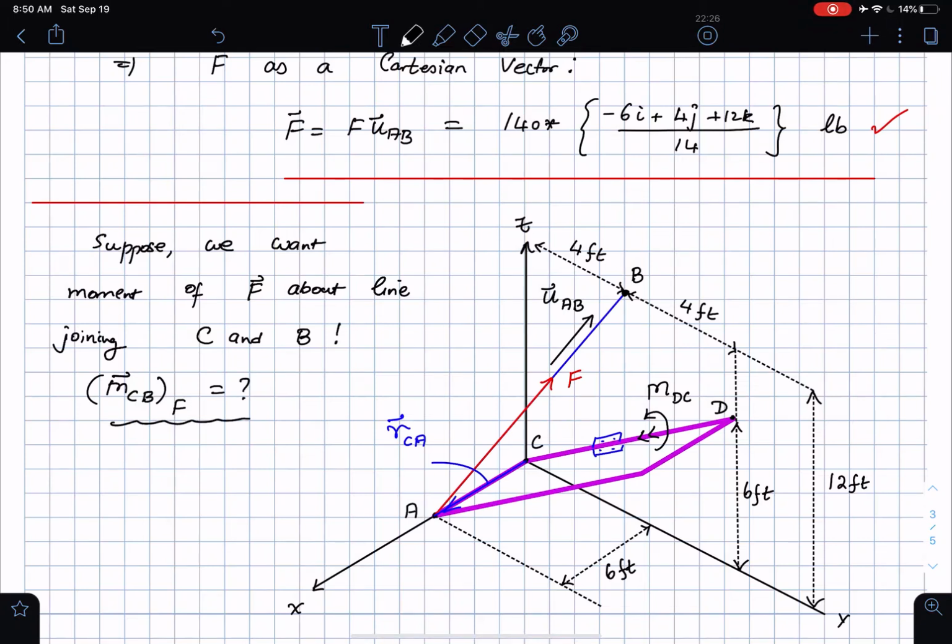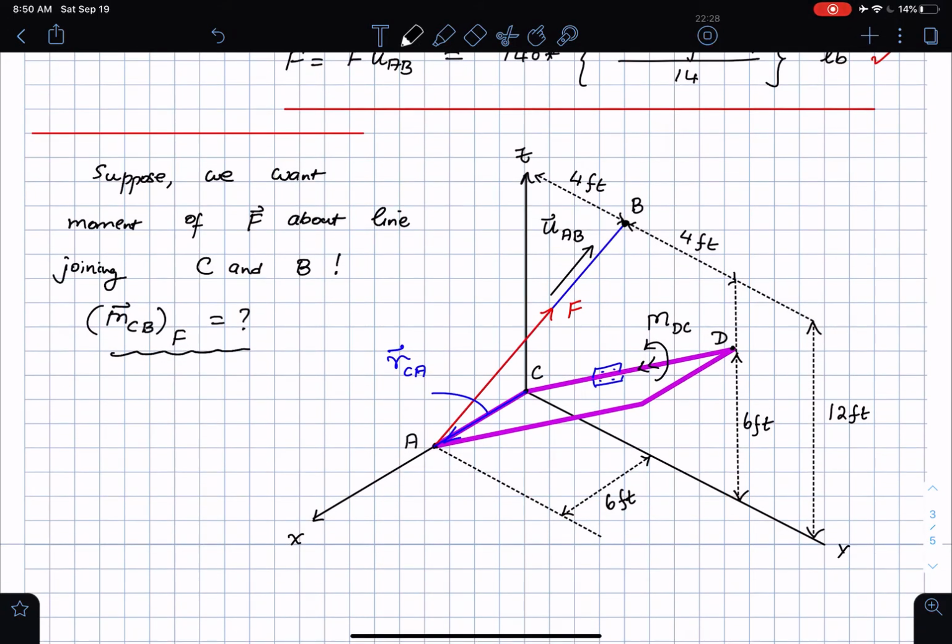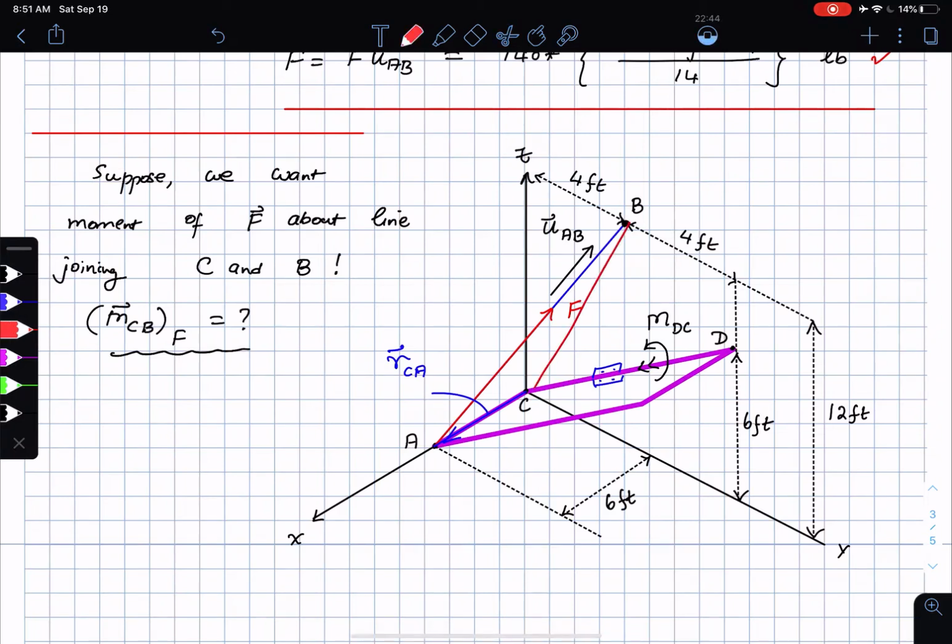Okay, think. If I join the line CB, you will see that the line from C to B, so if I take this point C and then bring it inside here, if I draw a line from C to B, let me draw it using, let's say, the red color. Before I do that, let me move this force somewhere here.